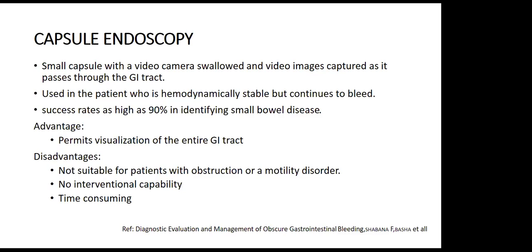So before you do all this, double balloon enteroscopy, all those things, which are first of all not available in many institutions, you have to concentrate on the investigations available across the board. Good CT is available in most good hospitals. So concentrate on investigations which will give you the answer. Yes, sir.